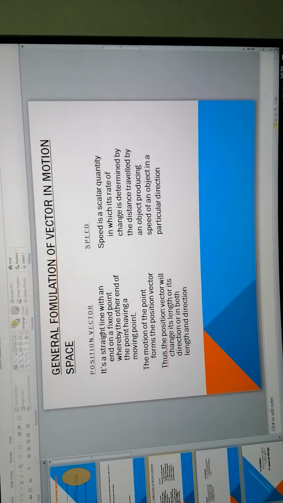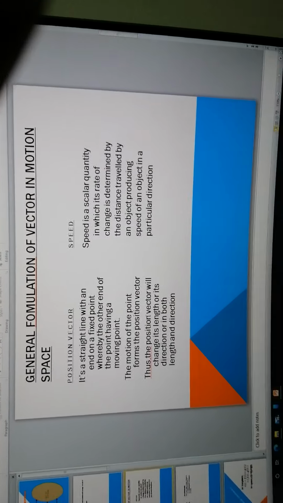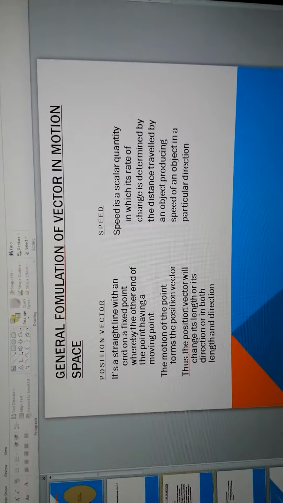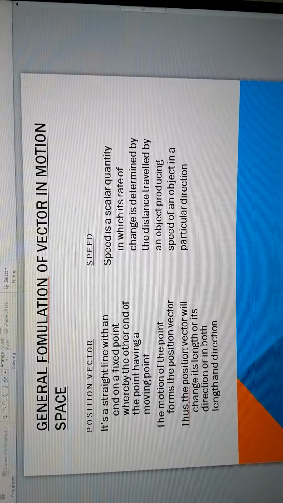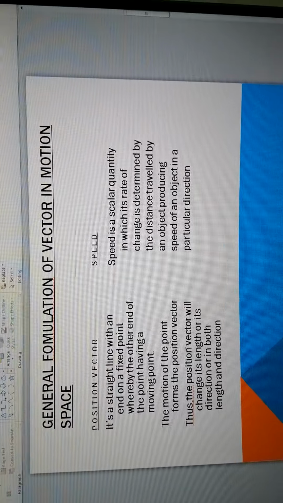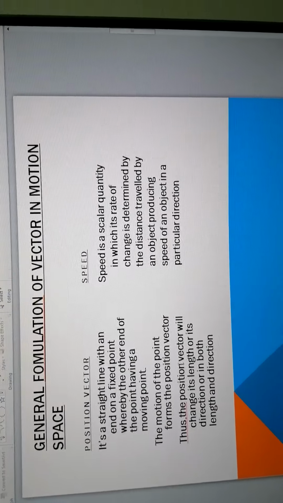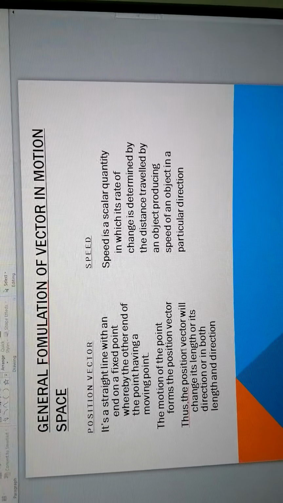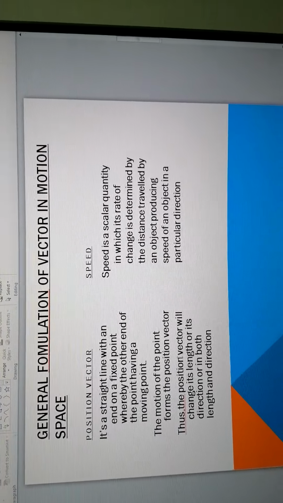Now let us look at the general formulation of vector in motion in space. Position vector: it's a straight line with one end on a fixed point, whereby the other end of the line has a moving point. The motion of the point forms the position vector. Thus, the position vector will change its length or its direction, or both length and direction.